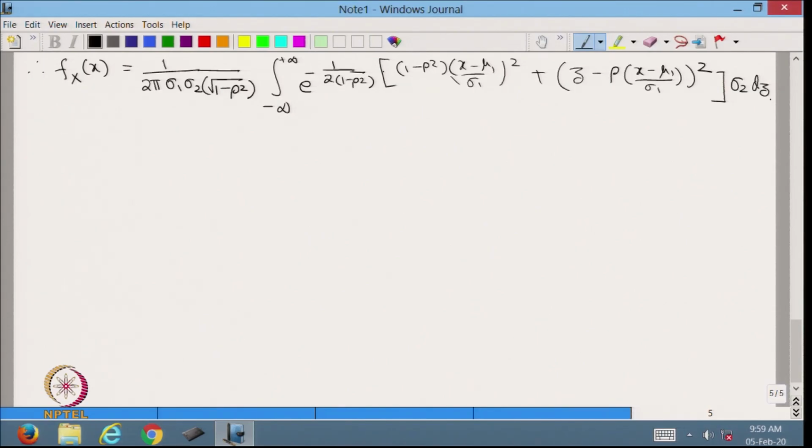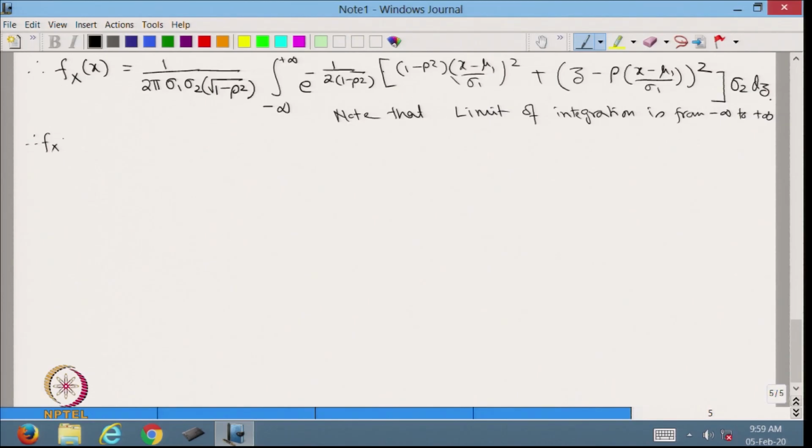Note that the limit of integration is from minus infinity to plus infinity.